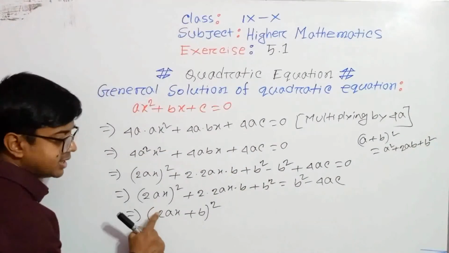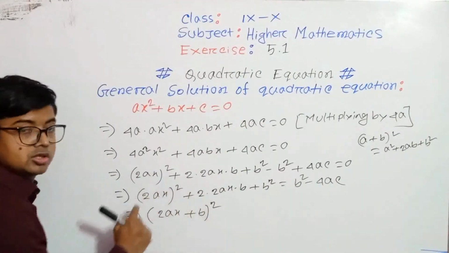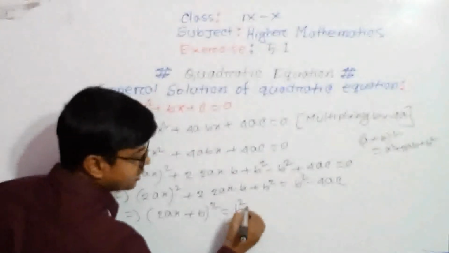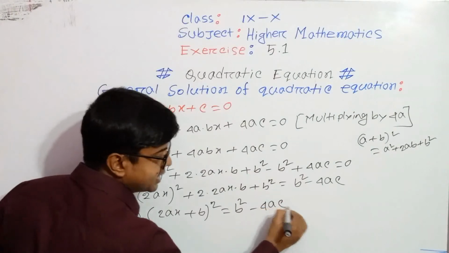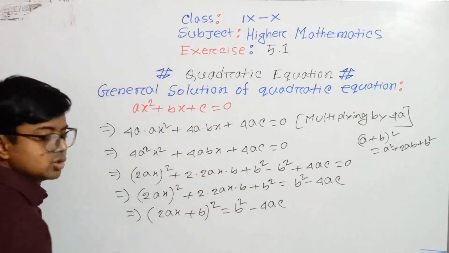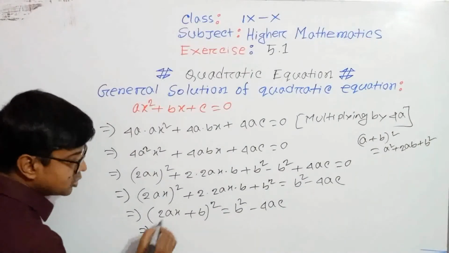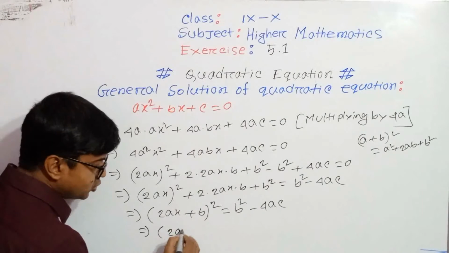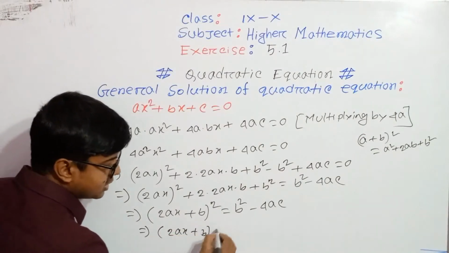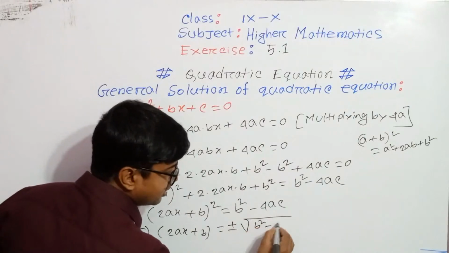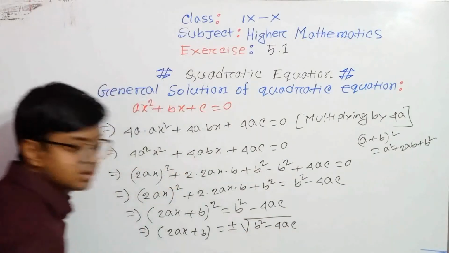So we can write here (2ax plus b) whole squared equals b squared minus 4ac. Now taking the square root, it will be 2ax plus b equals plus minus root over b squared minus 4ac.